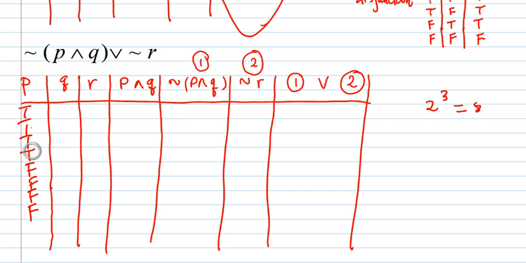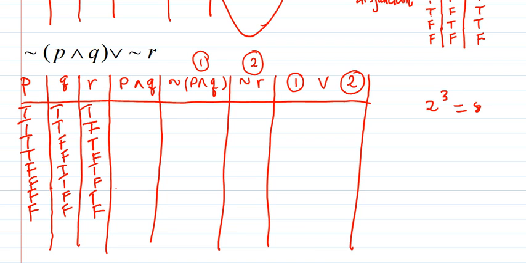For the next letter, just rotate them: true, true, false, false, true, true, false, false. For the last, we do true, false, true, false, true, false, true, false.